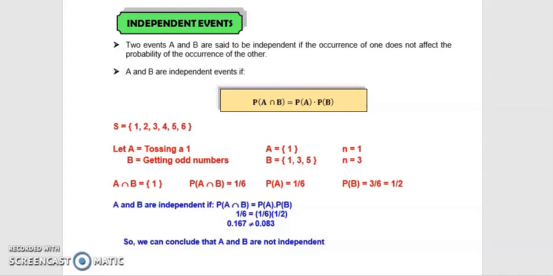Not independent can also be said as dependent events. That's how we determine whether two events are independent or not. Let's say probability of A intersect B is 0.167, and the probability of A multiplied by probability of B also gives 0.167. Then we conclude the two events are independent.